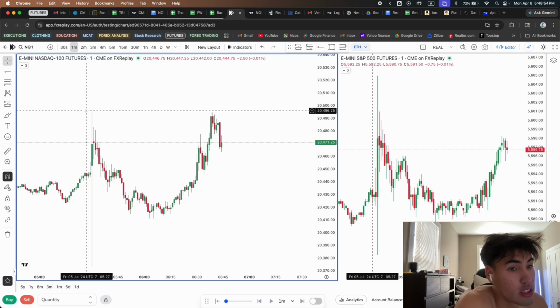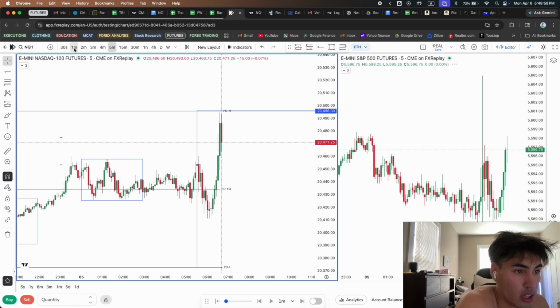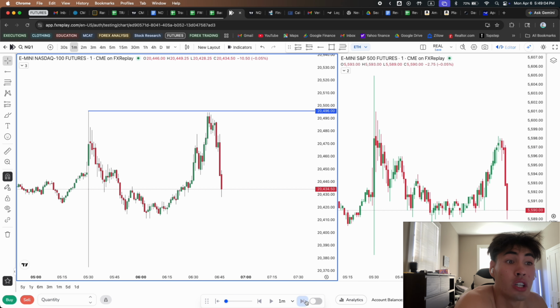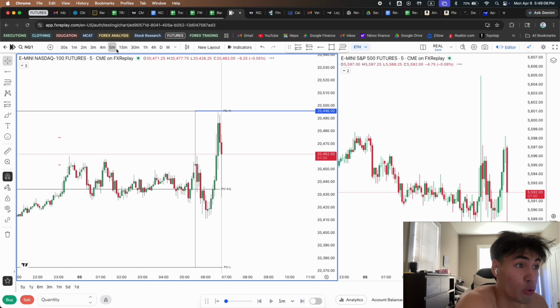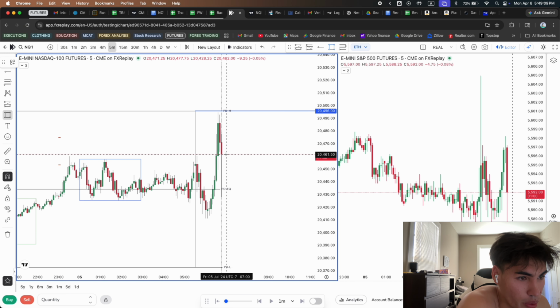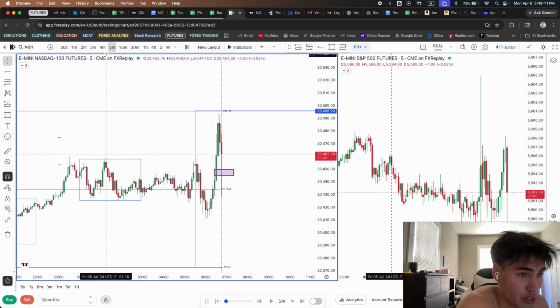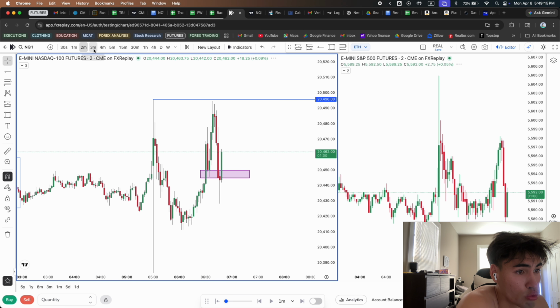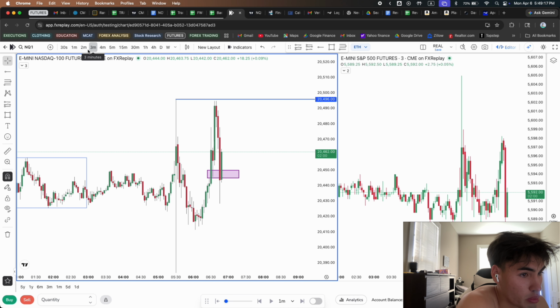Oh, wait. We formed equal highs. If we tap into this 5-minute, okay. Now I want to see a flush higher. Okay. So we're delivering out of this 5-minute flush higher. I want to see us inverse this 2-minute gap right here.